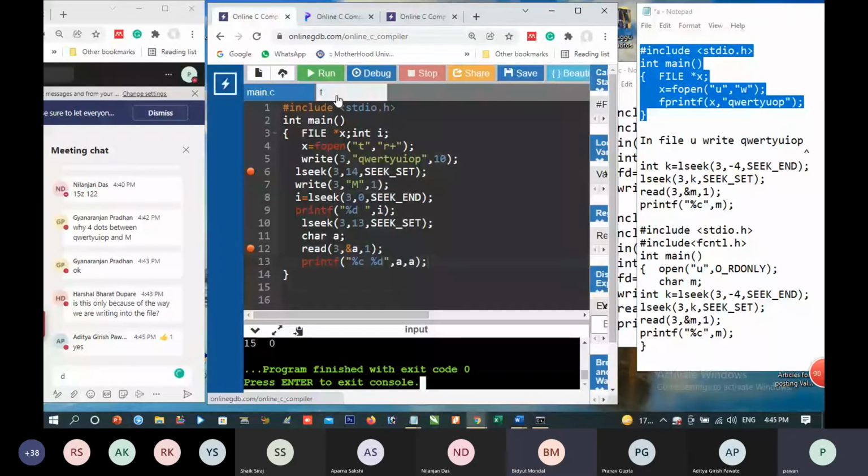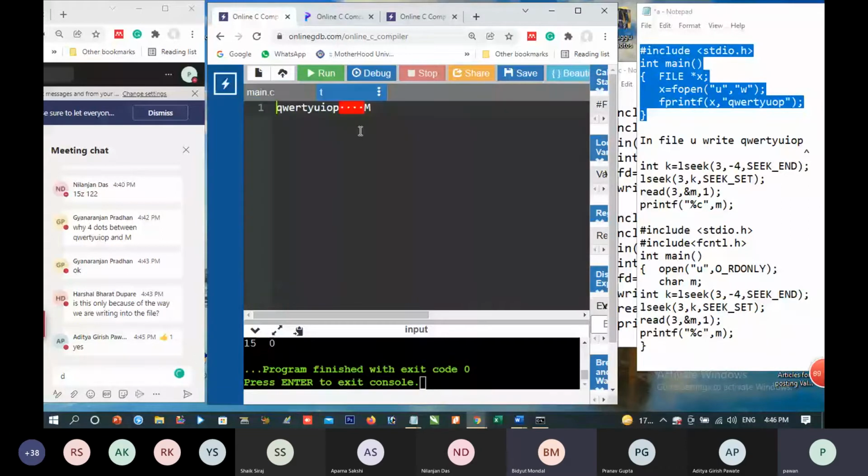You see, dot, dot, dot is coming, not Z, because the first 10 letters were QWERT up to P. Afterwards, at the 14th place, we were trying to write M. So the initial file length was 10. Because of writing M, the file length has extended to 14 or 15. In between, the letters were written as null characters. Is this all right?